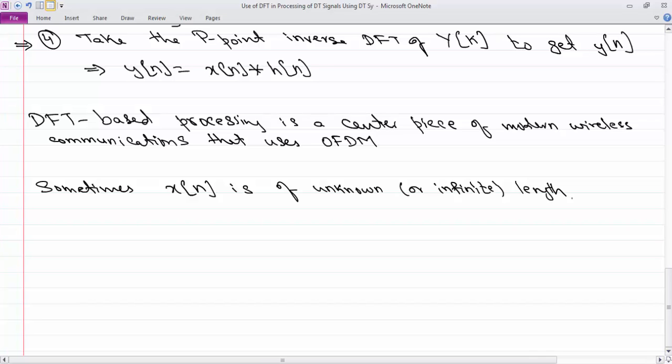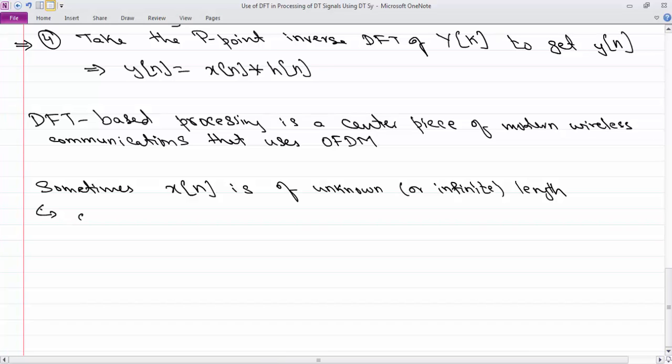So in that case, of course, you cannot use this formula because p greater than or equal to m plus n minus 1, the factor m is infinite now. So in that case, what you do is actually chop up your input signal into pieces and then stitch those pieces together in a careful manner. Okay?